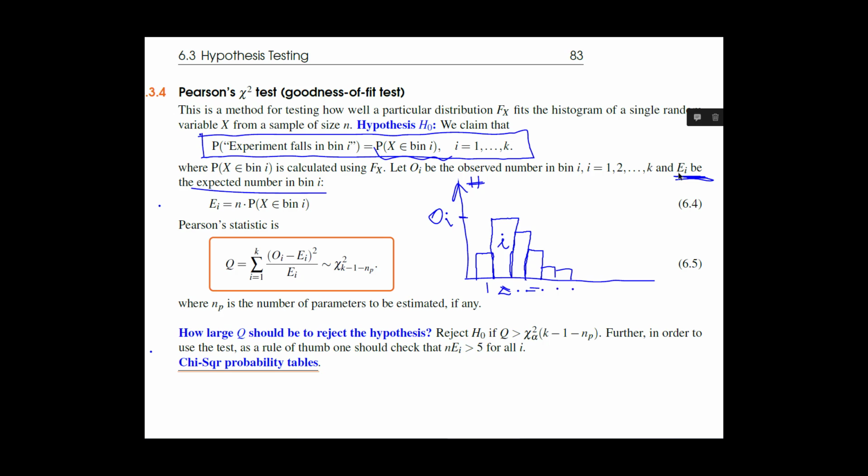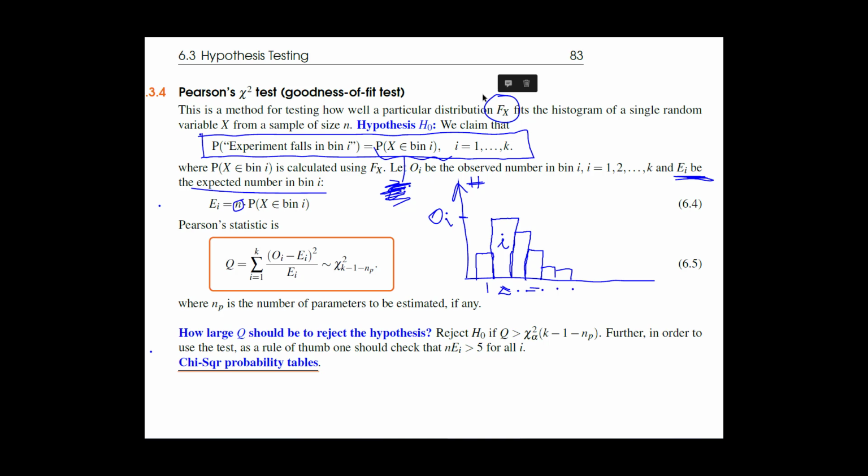That's going to be your E_i's. So this one, right, is just the probability according to your model that the random variable falls within each bin. Okay. Oh yeah, so that's the probability. So yeah, the actual number is the sample size times that probability. And again, this probability you calculate assuming a particular distribution f of x that you want to test.